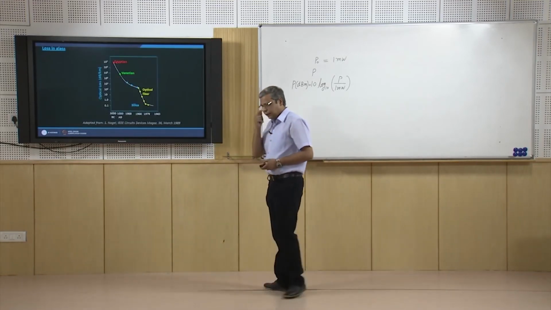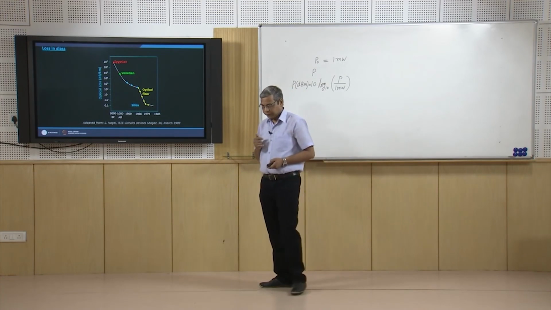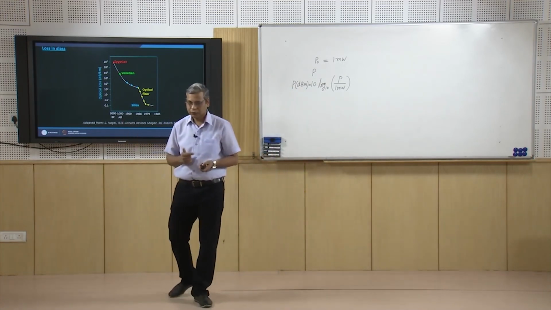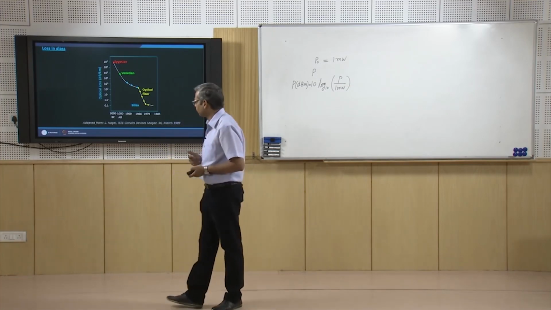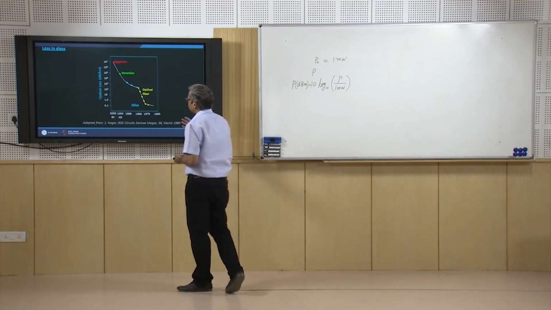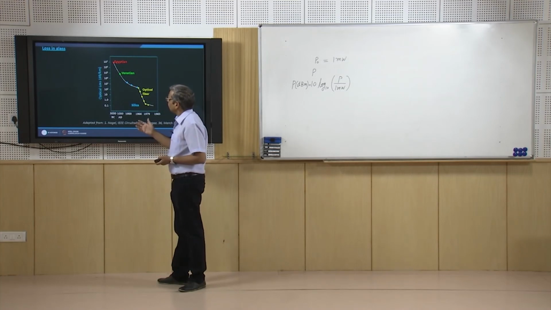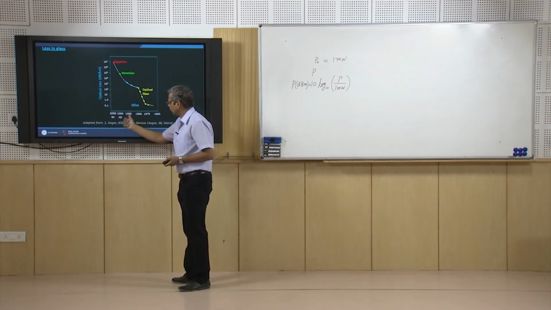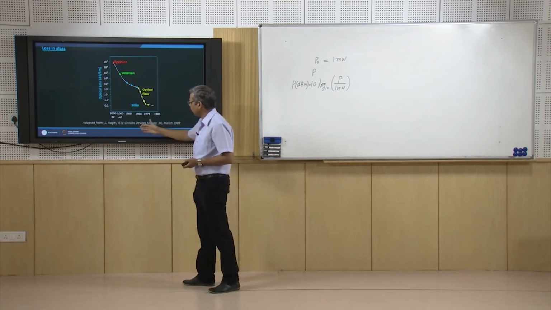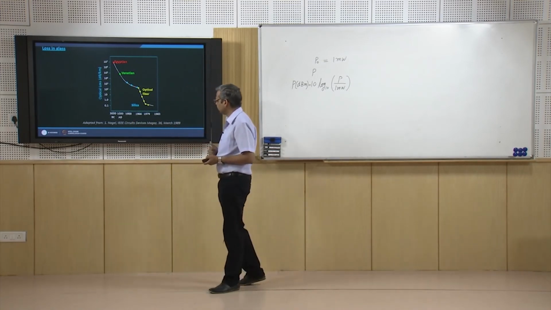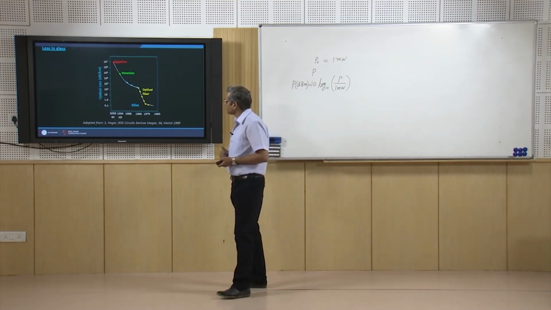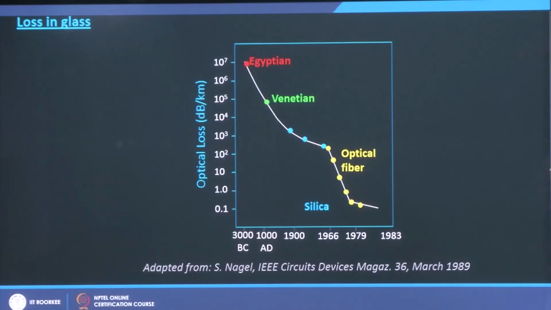Now, let us look at loss in glass, how the transmission in glass evolved over time. So, here I have plotted optical loss in dB per kilometer with time, which has been taken from IEEE Circuits Devices magazine 1989. Please note that on the x axis the years are not equally divided scales.